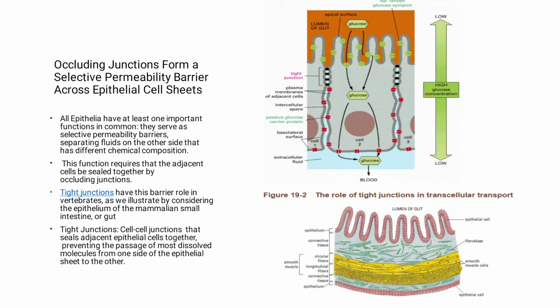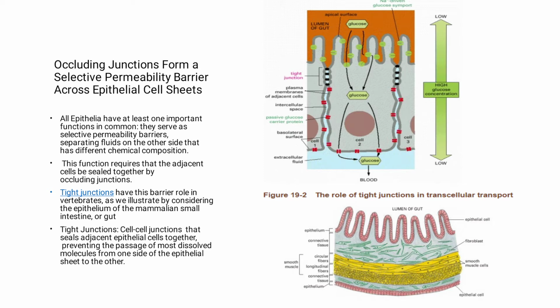To maintain this directional transport, the apical set of transport proteins must not be allowed to migrate to the basolateral surface of the cell, and the basolateral set must not be allowed to migrate to the apical surface. Furthermore, the spaces between epithelial cells must be tightly sealed so that the transported molecules cannot diffuse back into the gut lumen through these spaces.